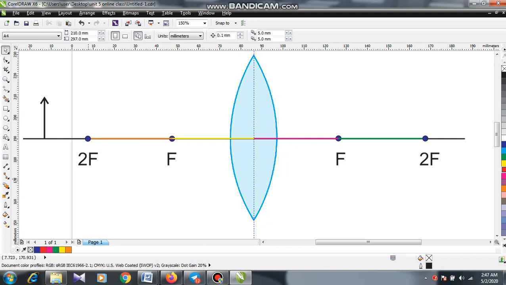From the lens, this arrow object is located at a distance more than 2 times of the focal length. All the measurements are done from the lens.